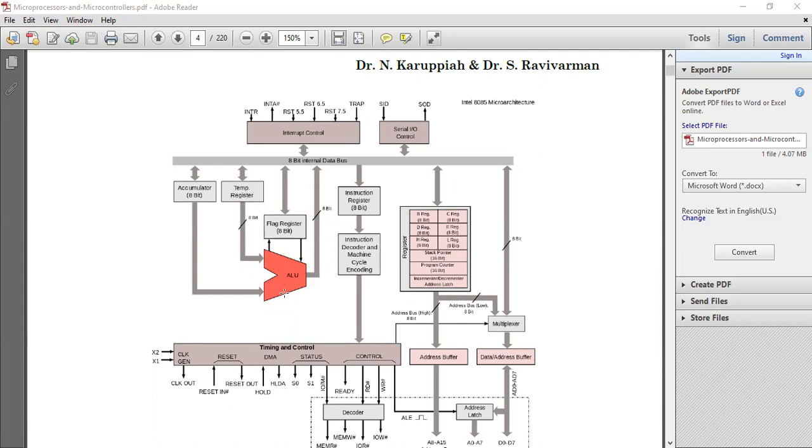The ALU is used to perform arithmetical and logical operations.